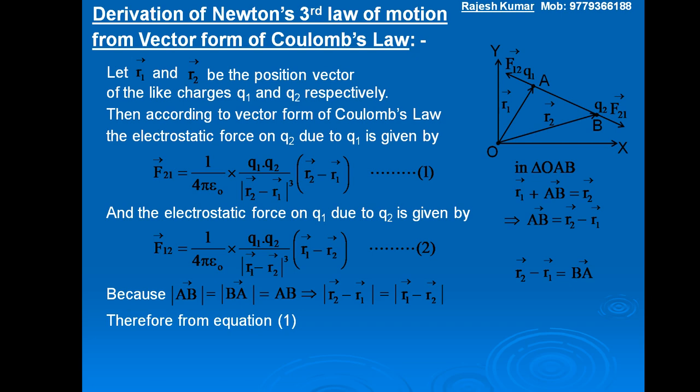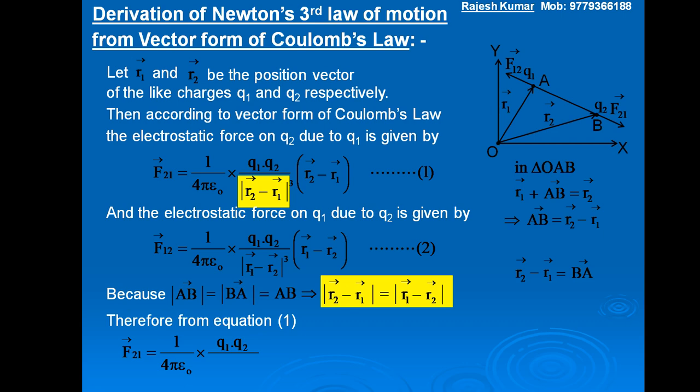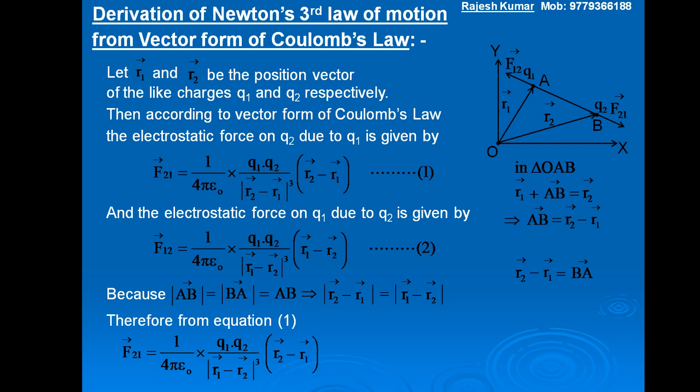Therefore, from equation number 1, F21 vector is equal to 1/4 pi epsilon naught into Q1 into Q2 upon, as mod of R2 vector minus R1 vector is equal to mod of R1 vector minus R2 vector, put its value, we get mod cube of R1 vector minus R2 vector into R2 vector minus R1 vector.